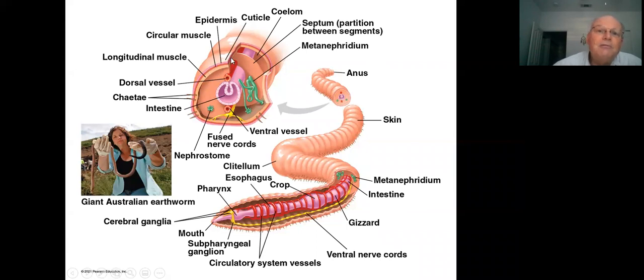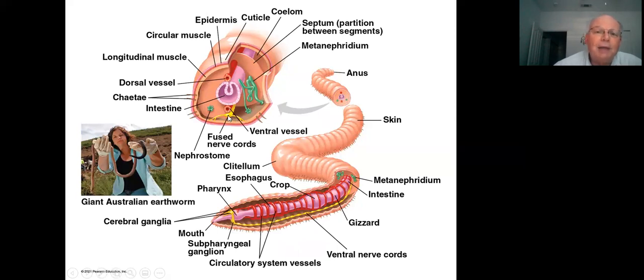It is the rhythmic contraction of the circular muscle and the longitudinal muscle that sends the ripples down the body of the worm. And so each segment rhythmically shortens and then lengthens, and that rhythmic contraction in conjunction with the gripping of the soil by the setae then drives the body of the worm through the soil.